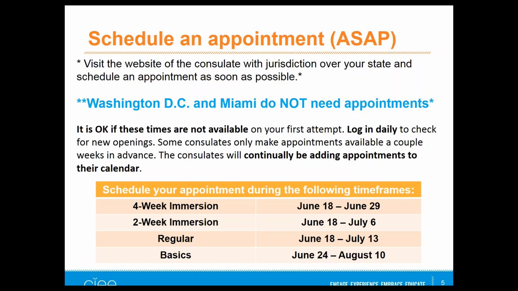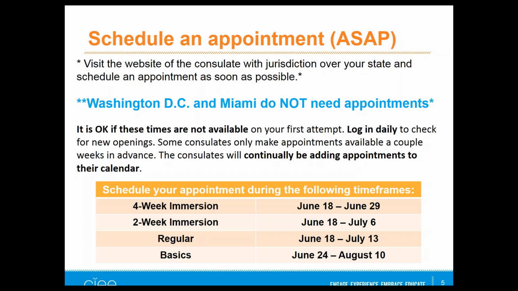Unfortunately, we're at the mercy of the Spanish bureaucracy and how fast they work. We can encourage them to get things to you as soon as possible, but we cannot make it happen any sooner. So you have to wait until the first or second week of June when they officially send that information to you. That's why we've set the earliest date to be June 18th, because at that point, we're confident that you're going to receive that letter of acceptance in time.